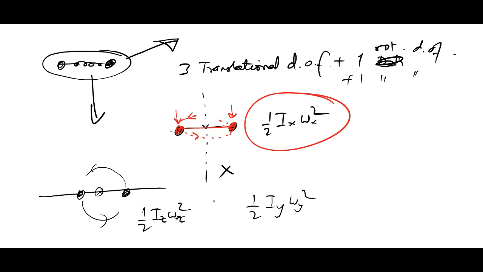So the moment of inertia about the z-axis is actually going to be 0, because the particles lie on the z-axis. So this term is always going to be equal to 0. So I get two more terms for rotation, and up till now I've got a degree of freedom of 5.